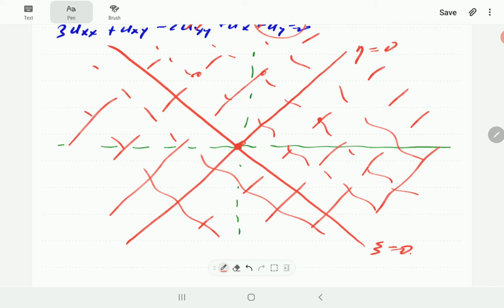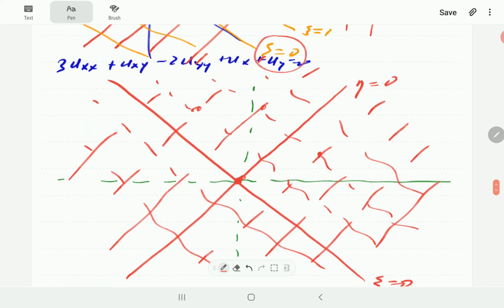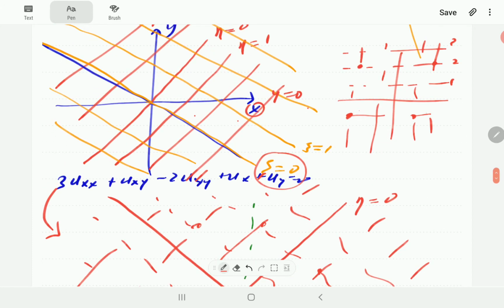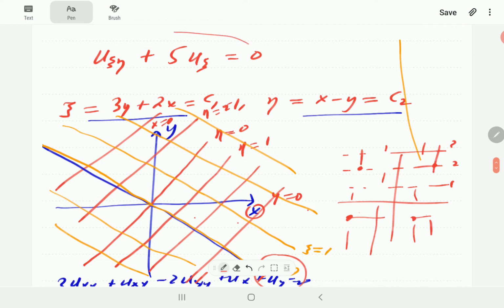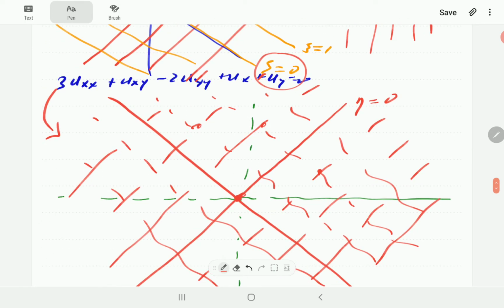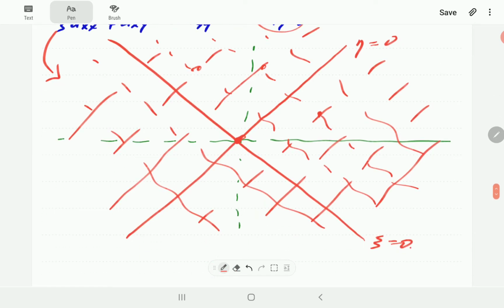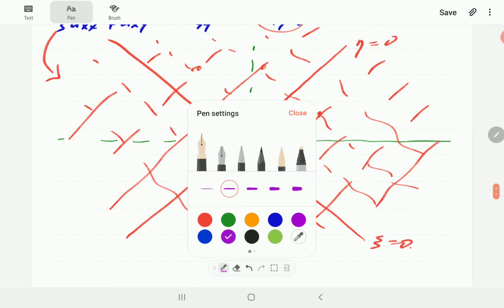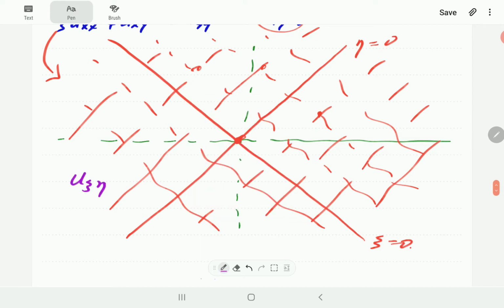So if we define the coordinate system like this, then this PDE simply becomes what we found here, which is a much simpler PDE. So in terms of this coordinate system, the PDE becomes u xi eta plus 5u xi equal to 0, which is much easier to integrate.